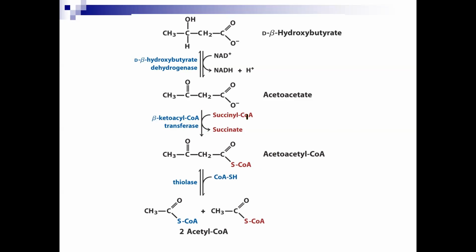You simply take your succinyl coenzyme A, of which there's plenty in the mitochondrion, and since some of the succinyl coenzyme A is diverted for biosynthetic purposes anyway, you can divert some of that to make acetoacetyl coenzyme A. Then you just make succinate. Succinate just goes straight back into the Krebs cycle. And then you make two acetoacetyl coenzyme A and then two acetyl coenzyme A's, and you feed it back into the Krebs cycle.